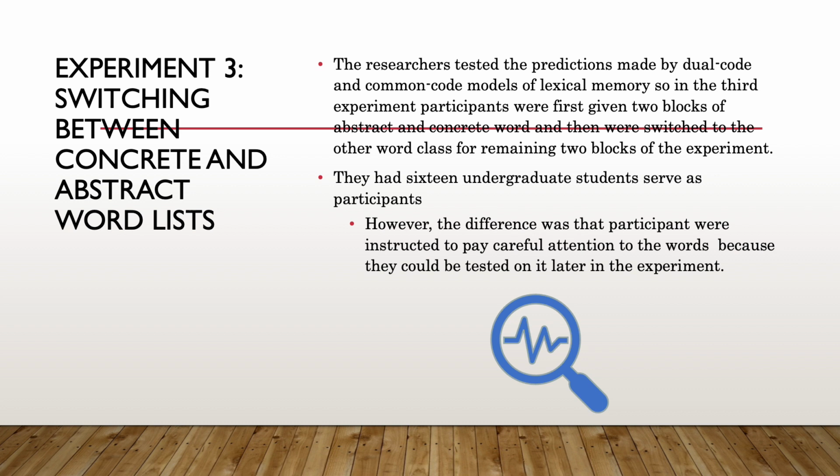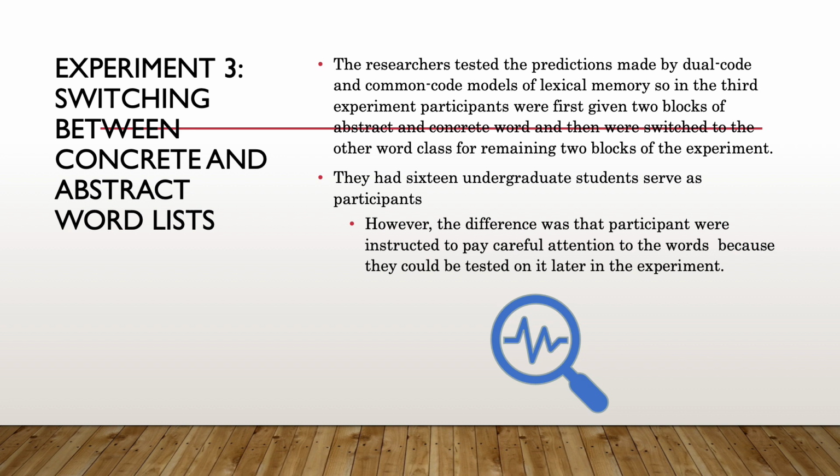The researchers tested the prediction made by the dual code and common code models of lexical decision in the third experiment. The dual code and common code theories made different predictions about what should happen under these conditions.